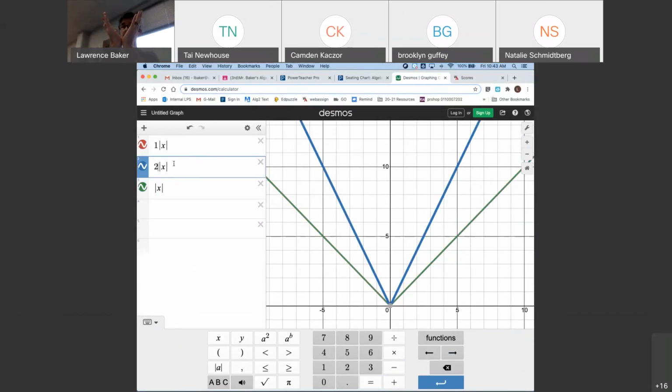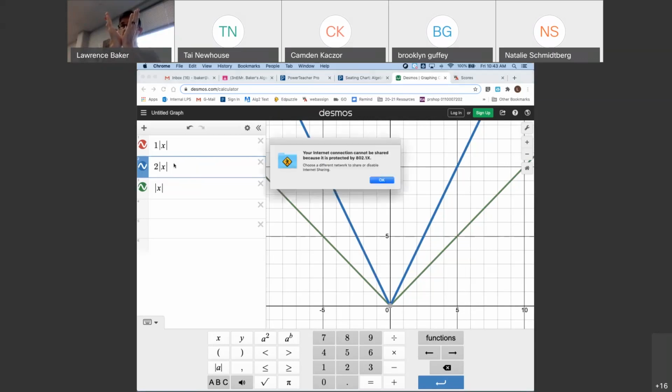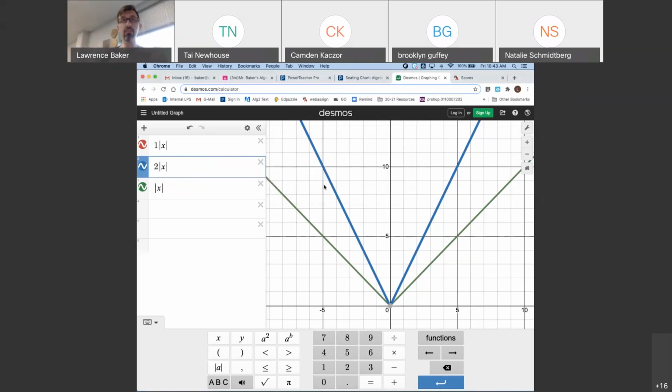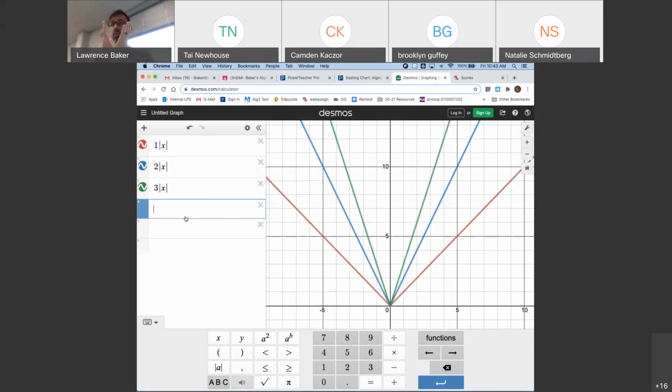We're multiplying essentially the slope by 2. So now the sides of the V are steeper. We get a sharper, more narrow V. And then what happens if we multiply it by 3? We get an even steeper, sharper V, narrower V. Okay. So looking at that, just seeing what it looks like before we draw it out here.